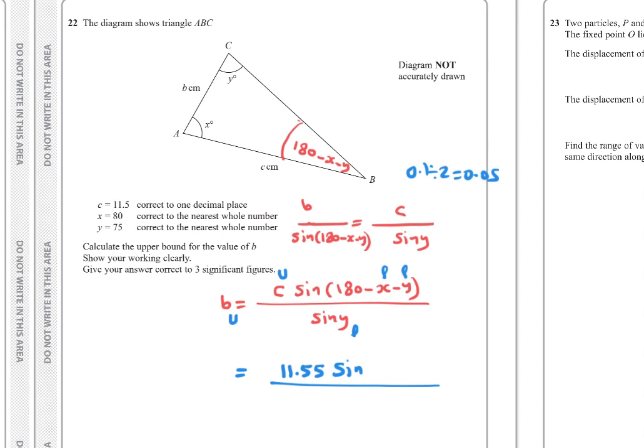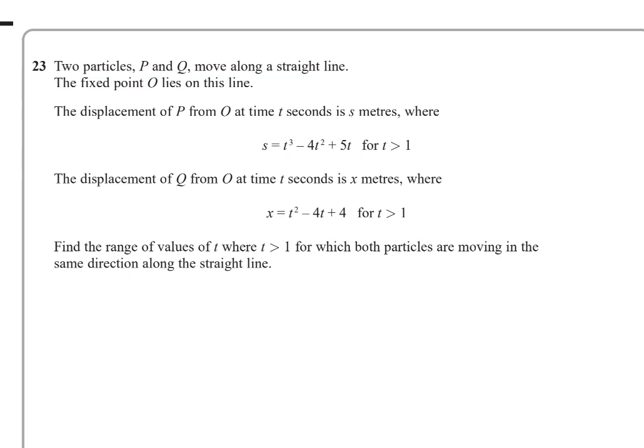So sine 180 minus 79.5 minus 74.5 over sine y. We need sine y lower, so y lower, so sine 74.5 equals 5.25 to three significant figures.